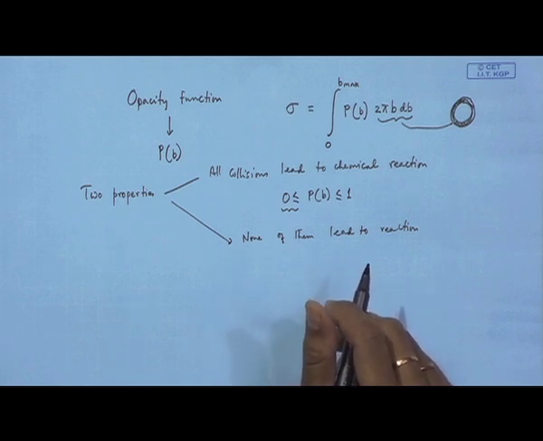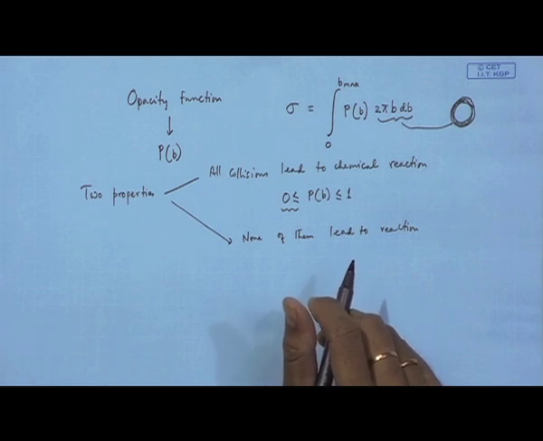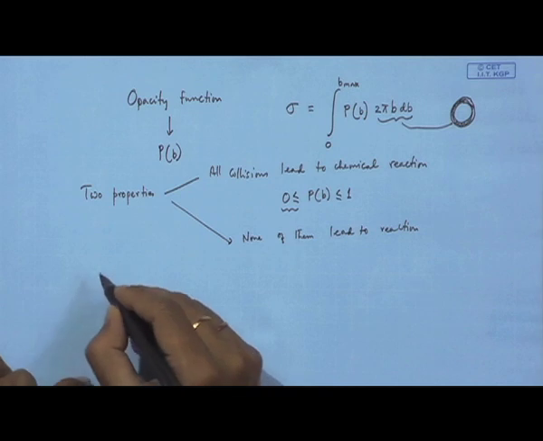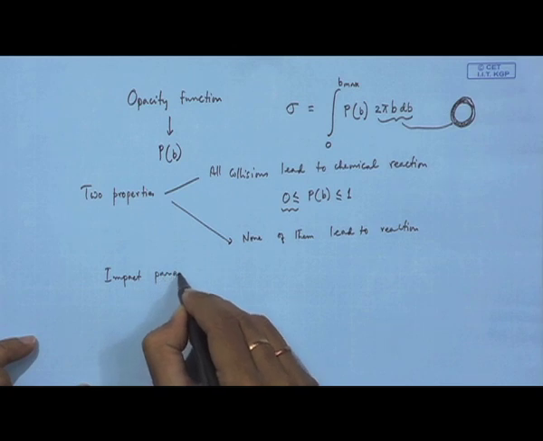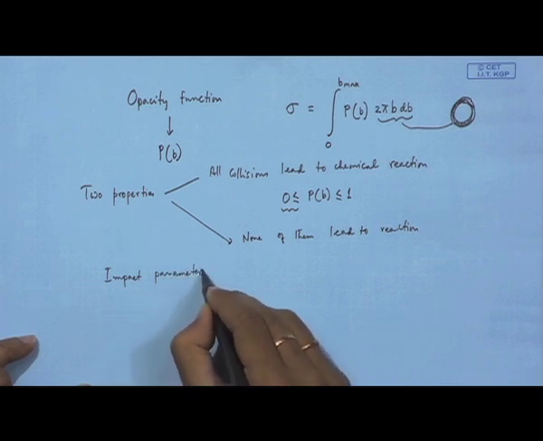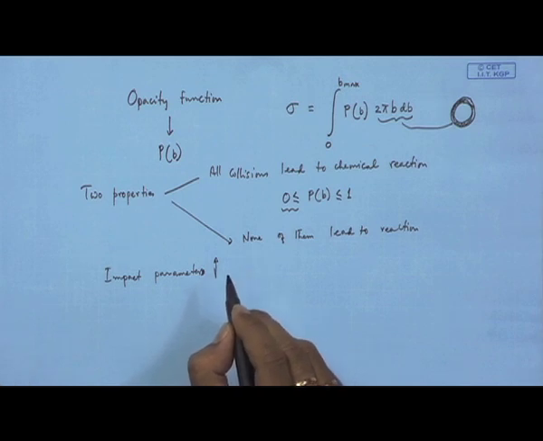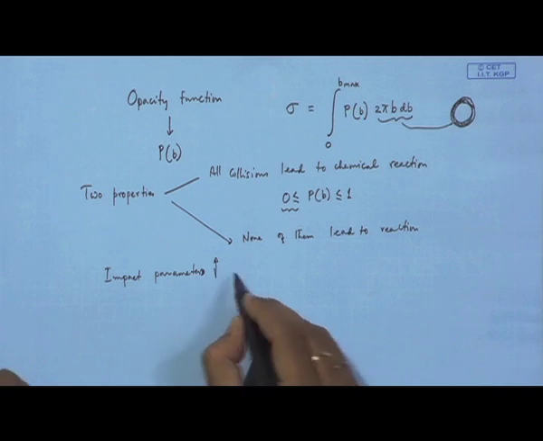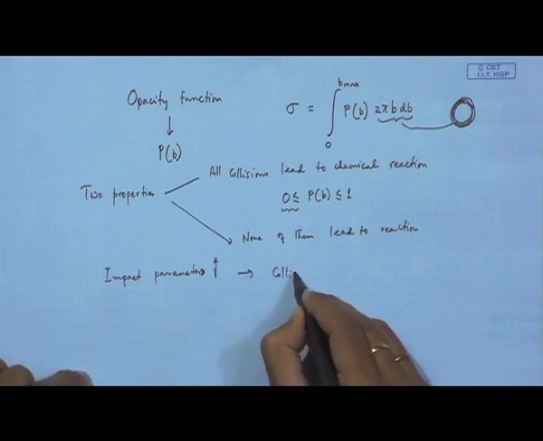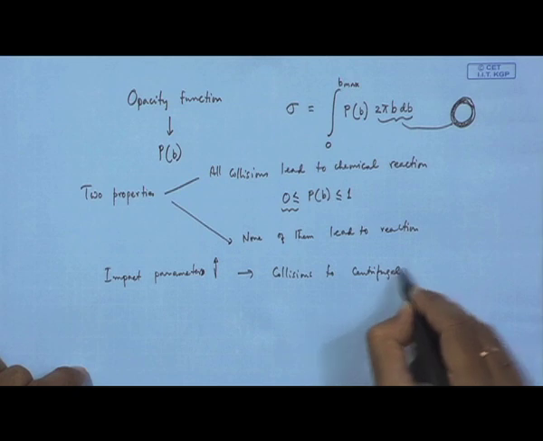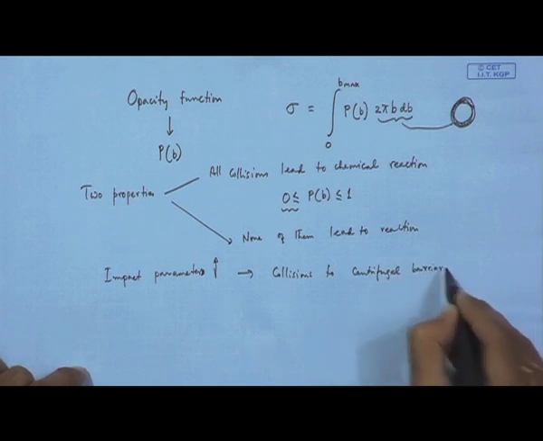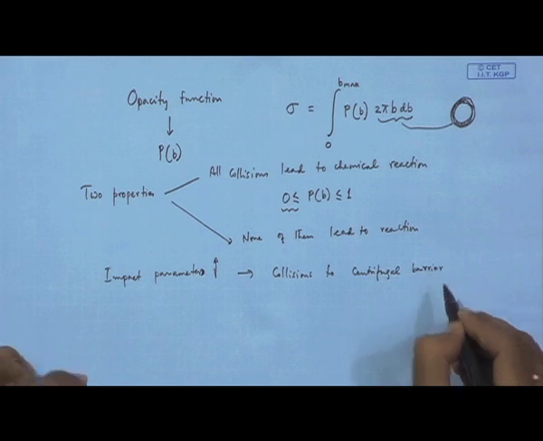And for high impact parameter collisions, the collisions occur at the centrifugal barrier, and this will act to keep molecules apart. So, since it is a centrifugal barrier, it is a repulsive barrier.